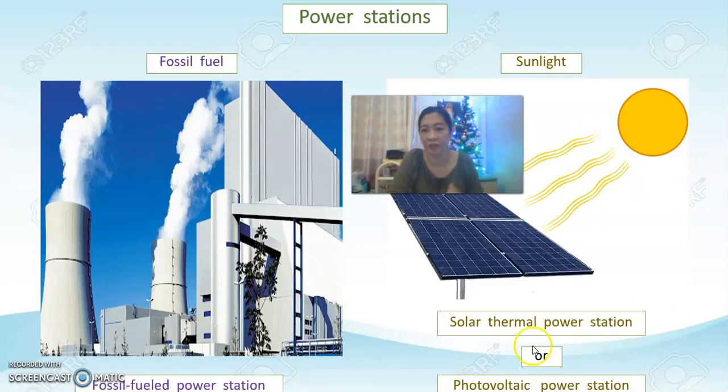Number 5 is solar thermal or photovoltaic power station, and the energy source is sunlight. Every power station generates electricity.